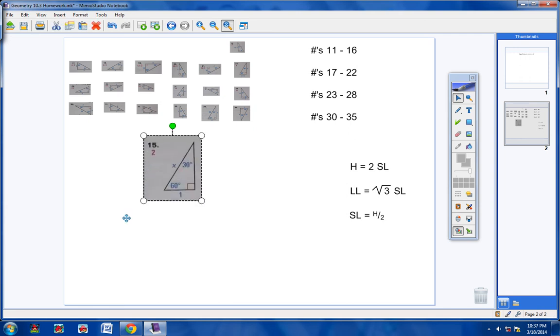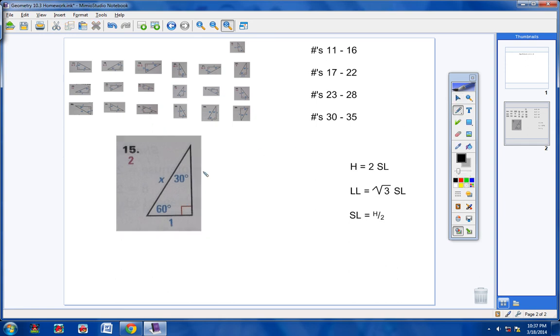All right, number 15. Here we go. This is your right angle right here, so go straight across. This is your hypotenuse. This is your 30, so go straight across, shorter leg. This is 60, go straight across. This is your longer leg. Okay, once again, a very easy problem, because whenever you know the shorter leg, it's really easy to find the hypotenuse. The hypotenuse is always twice as big as the shorter leg.